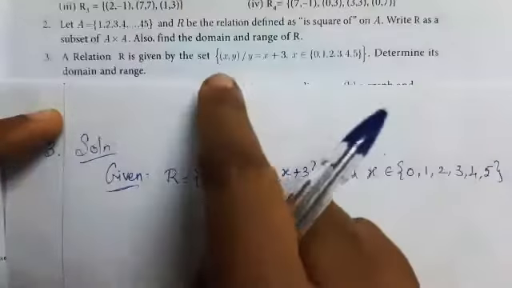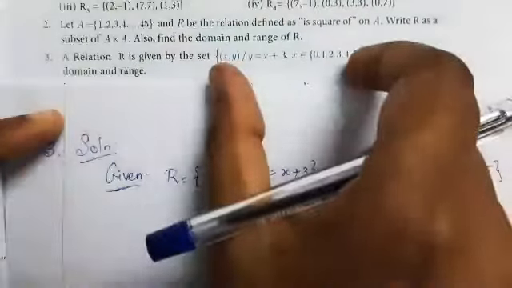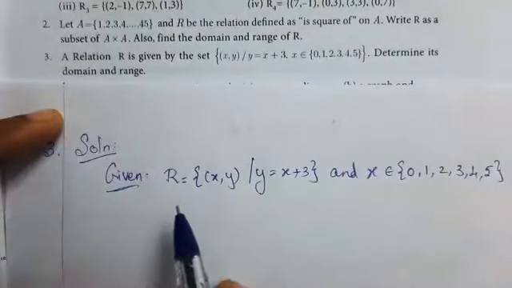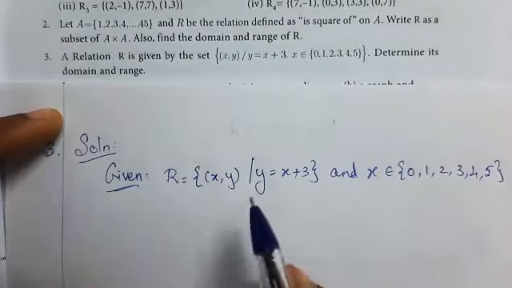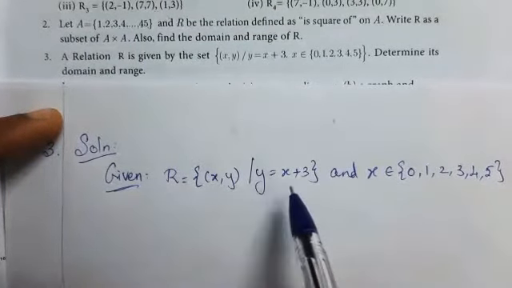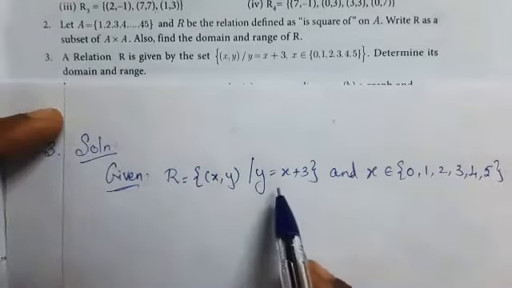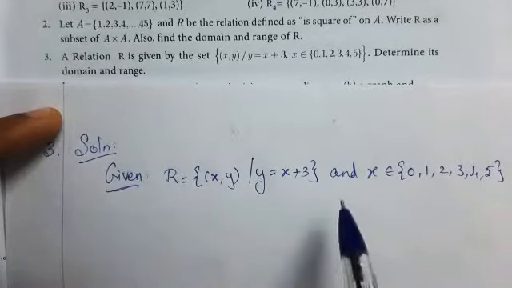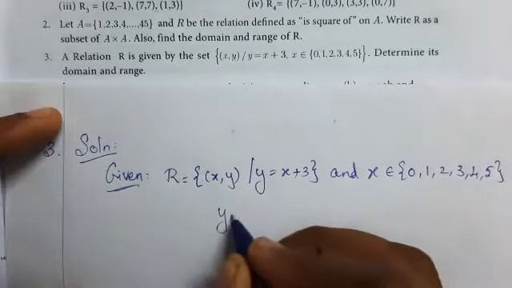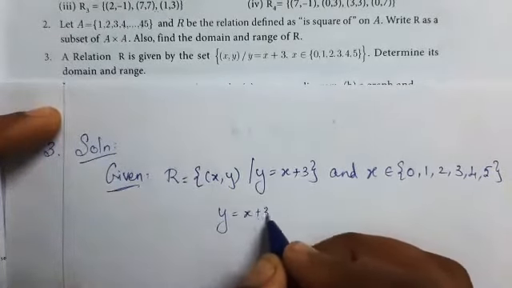You can write all this in the same set also. Given capital R, that is relation, is (x, y) such that y is equal to x plus 3, x belongs to 0 to 5. You have a formula y is equal to x plus 3.